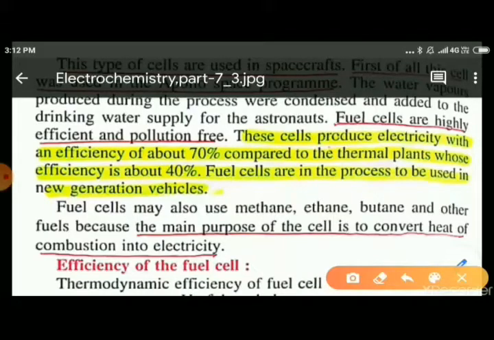Because the main purpose of the cell is to convert heat of combustion into electricity.